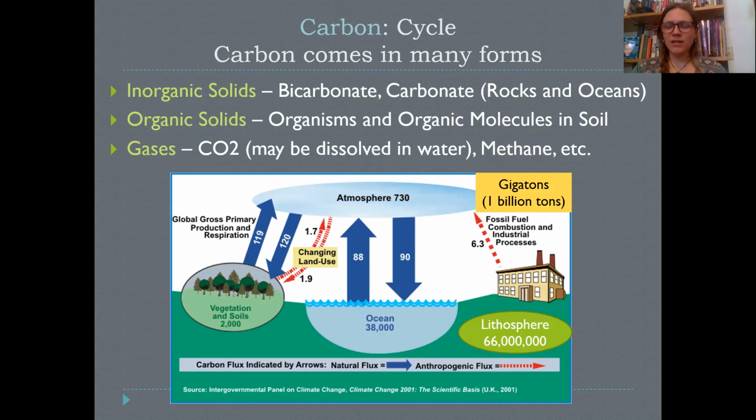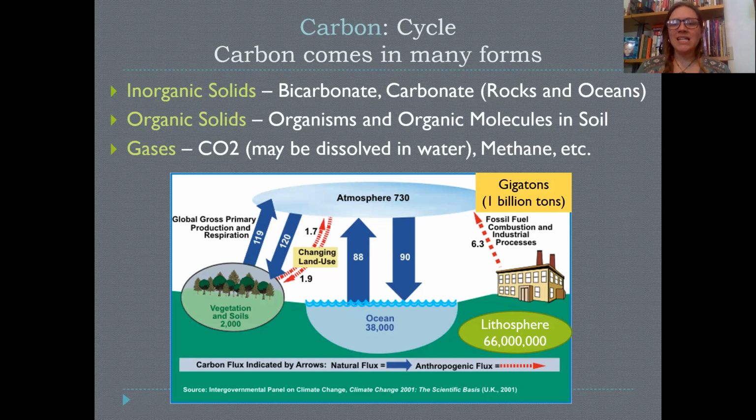As it experiences these different kinds of chemical reactions that transform it, it moves around in the environment quite a bit. So here is a conceptual model diagram that shows some of the main reservoirs of carbon and some of the main pathways of carbon. It shows the lithosphere, which is the rocks, the earth.